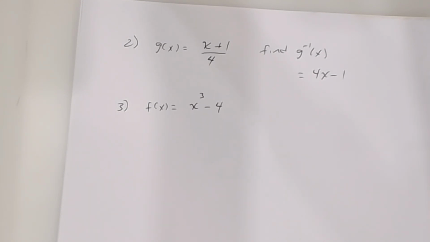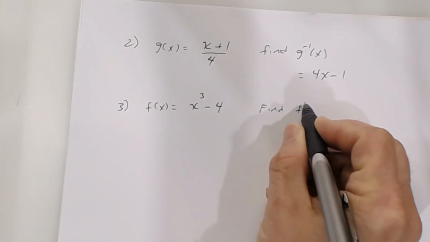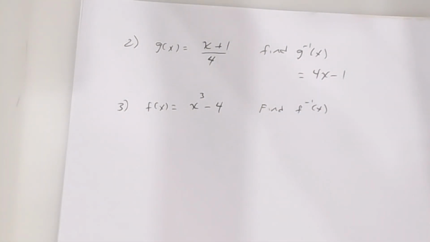No, quadratic is x squared. That's cubic. X cubed, cubic. All right. That's a little bit more difficult by inspection to determine what the inverse is. So we're going to use the algebraic approach. So listen carefully to the algebraic approach.